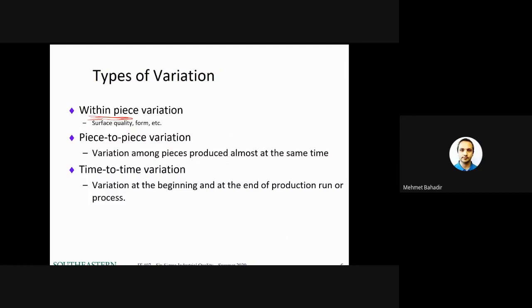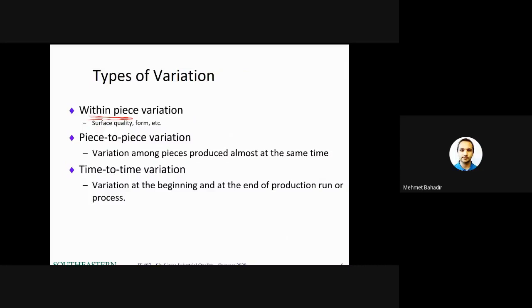Or in a different situation, for example, you come to the production line in the morning and you collect a sample of data in the morning. You analyze it, you calculate the central tendency, you calculate the dispersion, and then afternoon you come back and you again collect another sample and you compare them.